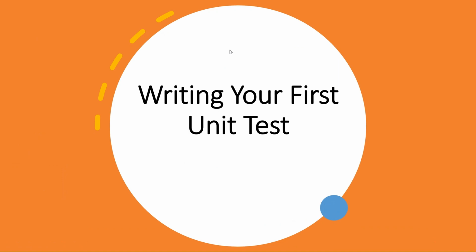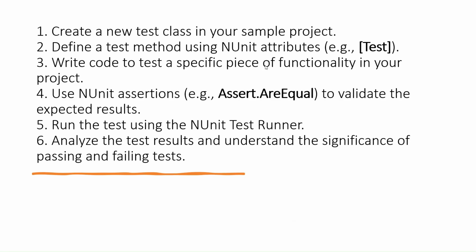So let's see the steps we need to follow to write the first unit test. We have 6 steps. The first step is create a new test class in your sample project. Then define a test method using NUnit attribute. Write code to test a specific piece of functionality in your project.